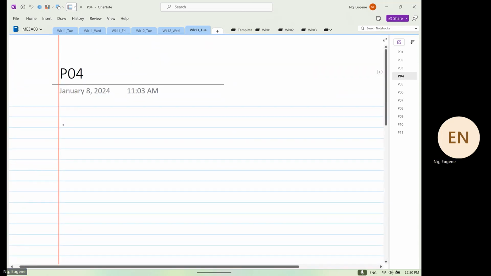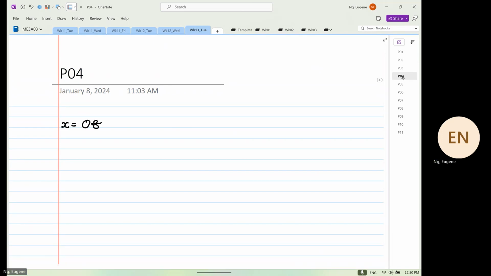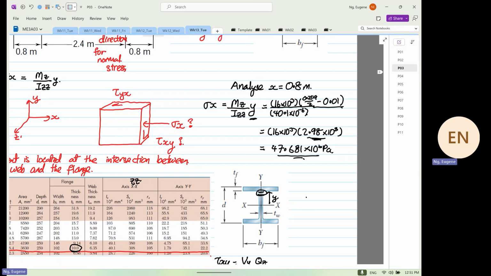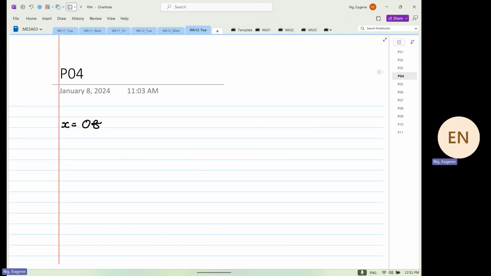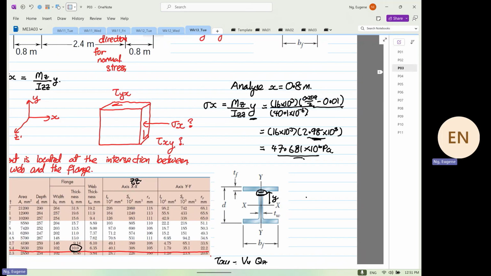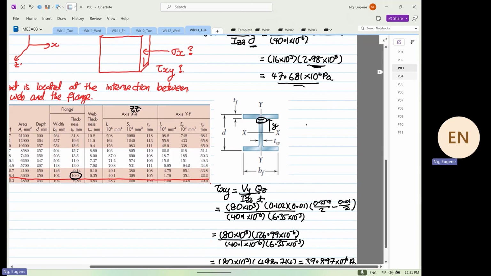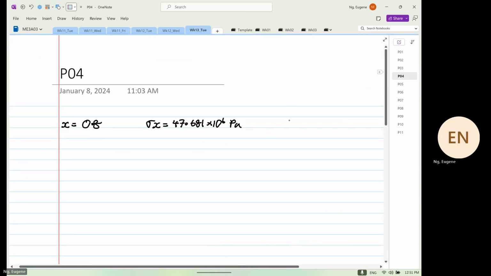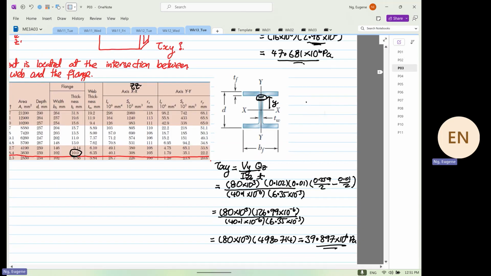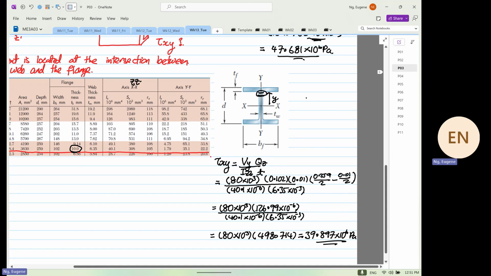So we know that when x is equal to 0.8, we know that normal stress x is equal to 47.681 times 10 to the power 6 Pascal. And then we know the shear XY will be equal to 39.897.